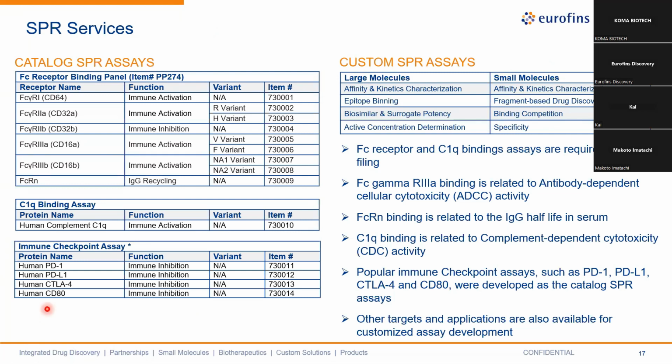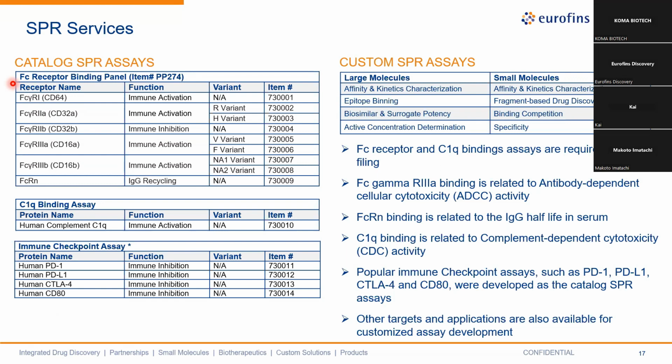Then this shows the SPR service we offer at Eurofins Pharma Labs, Taipei, Taiwan. Many people do the Fc panel, Fc receptor binding, for large molecule antibody drug filing to the FDA or to different agencies. So we pre-developed this assay.